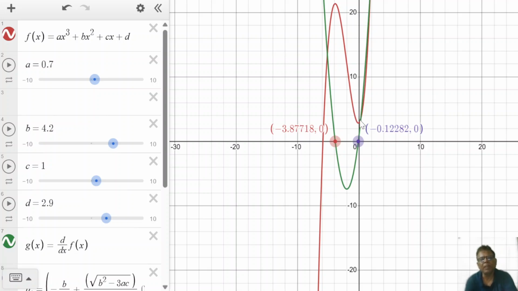One maxima and one minima, both positive, with positive y. Then it will have only one root.